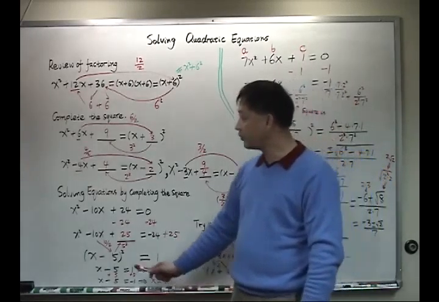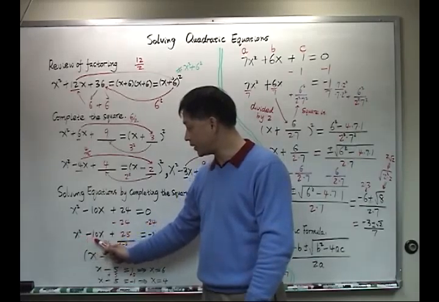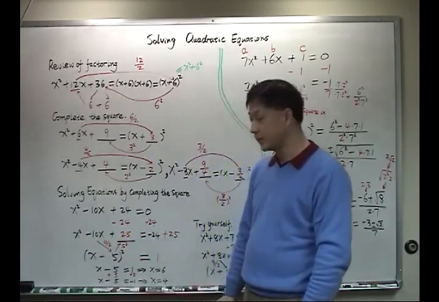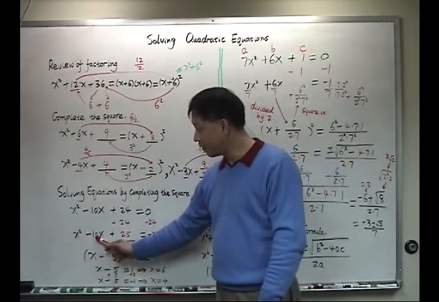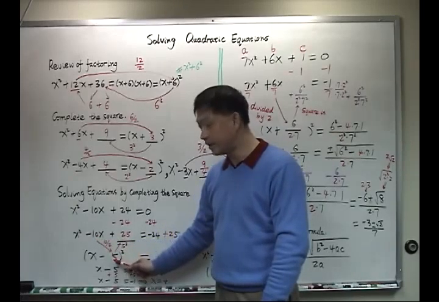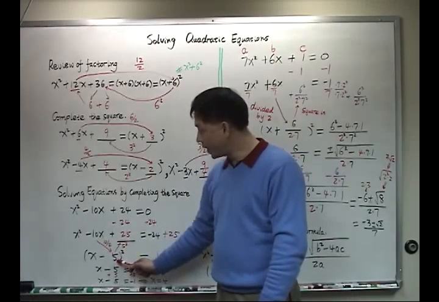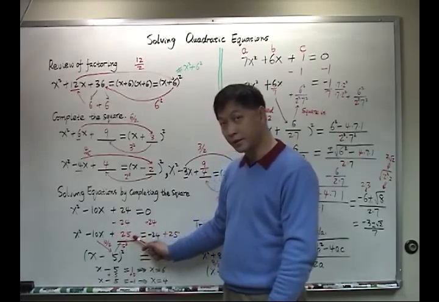Now is the time for us to complete the square, x squared minus 10x. Inside the parentheses, we should have half of this coefficient. 10 divided by 2 is 5. Then square this 5, we have 25. Put it right here.